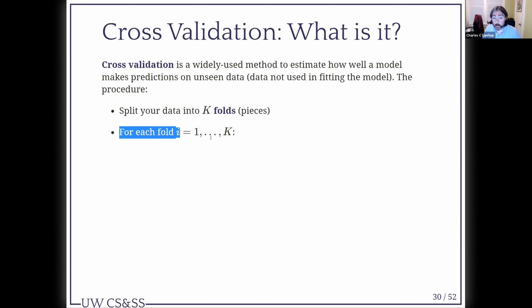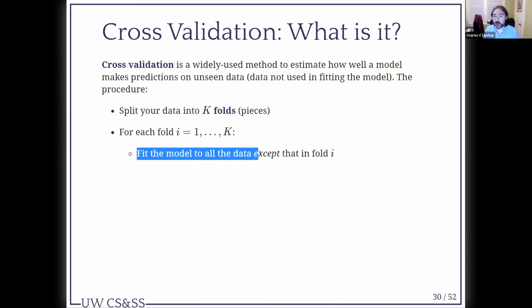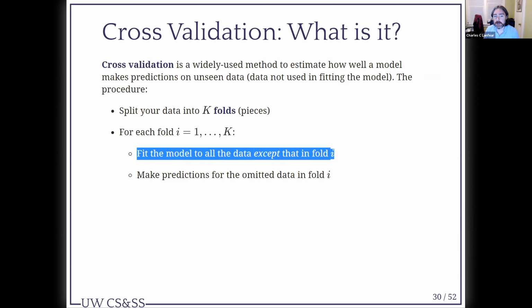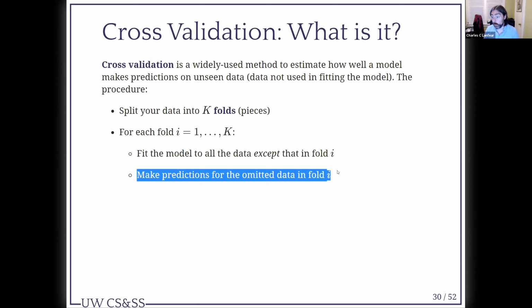Then for each one of those folds, that is each one of your sub data frames, what you're going to do is fit the model to all the data except the data in the fold you're on. If you're in fold 1, you're going to fit your model using folds 2 through 5. Then you're going to make predictions for the data that were omitted in the first fold. So you fit your model on 2 through 5, but you try and make predictions about fold 1.